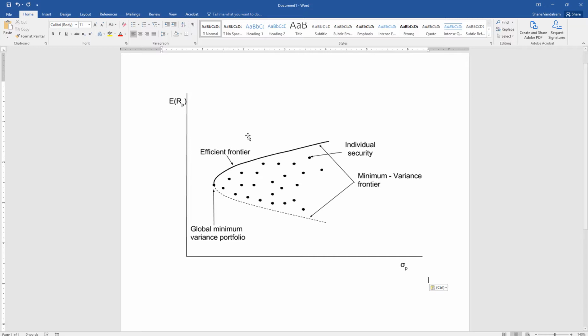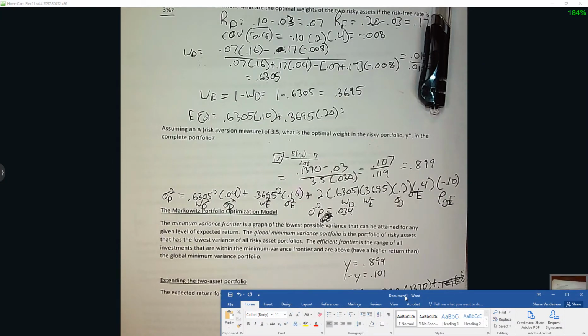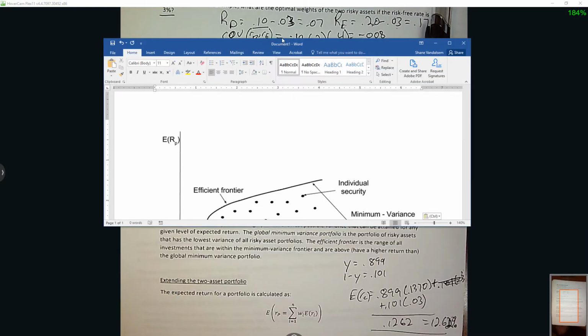So any combination of risky assets, we could find the risk-return relationship within this graph. So this is the global portfolio. Okay, any combination that you could make would be included in this area. So going back to the notes, the minimum variance frontier is a graph of the lowest possible variance that can be attained for any given level of expected return.